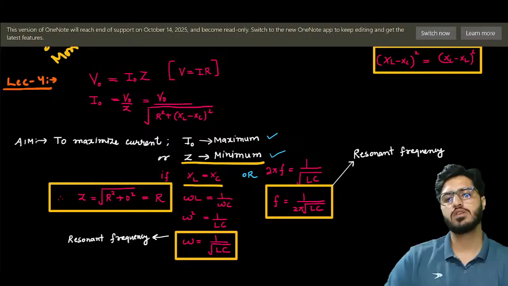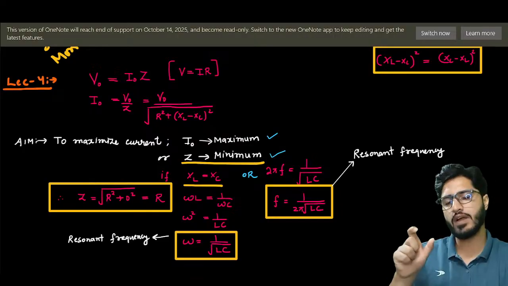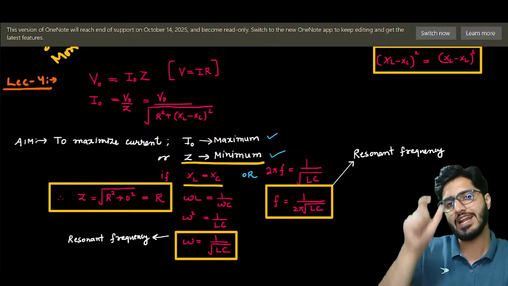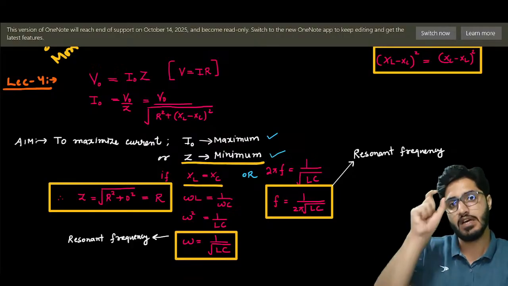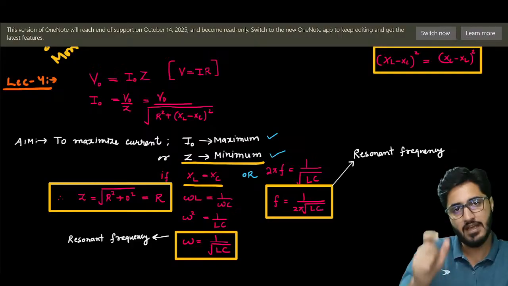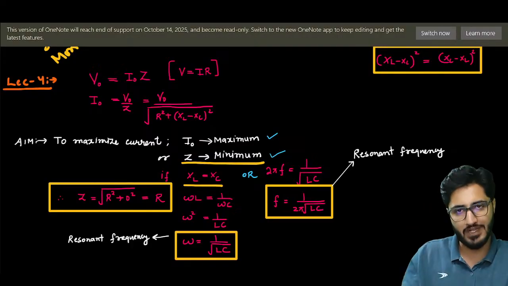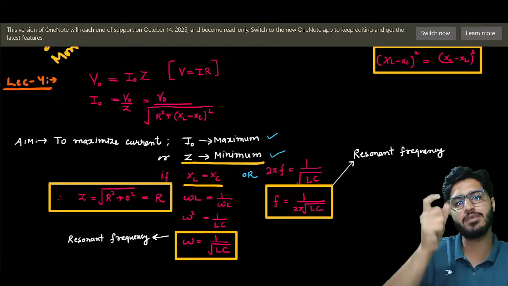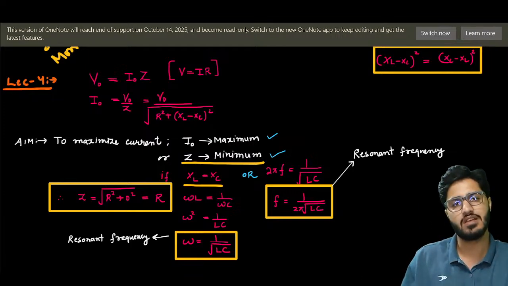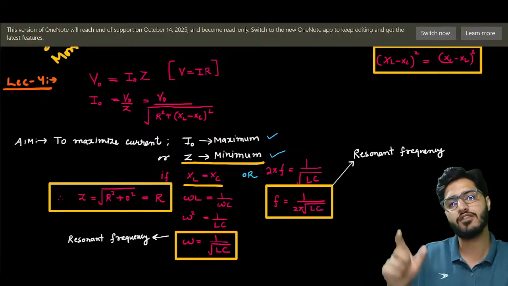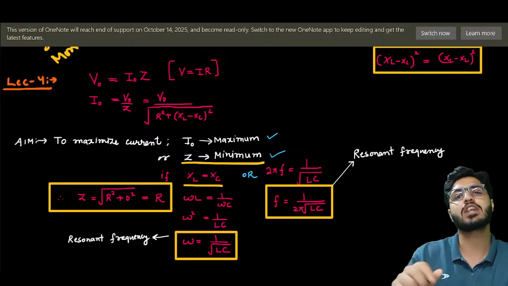Resonant frequency means that particular frequency at which the incoming AC frequency is matching the frequency of my electrical equipment.